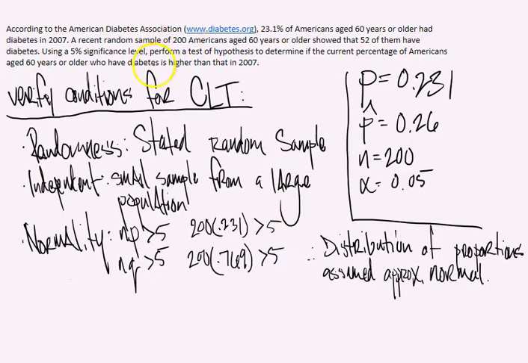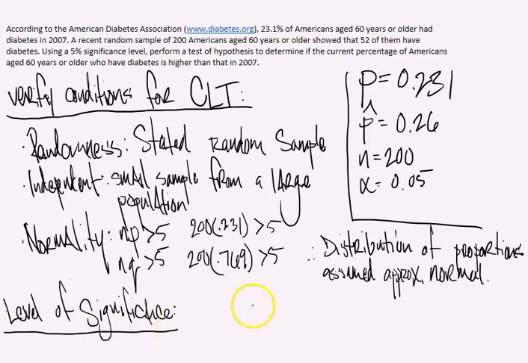Okay, so the next thing that we want to state is my level of significance. This is basically my value for how large is too large. Remember before I said how large is too large?